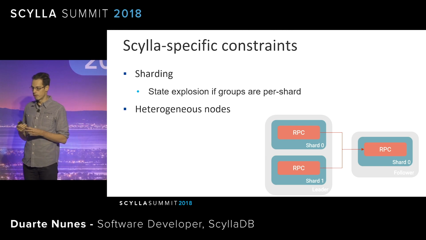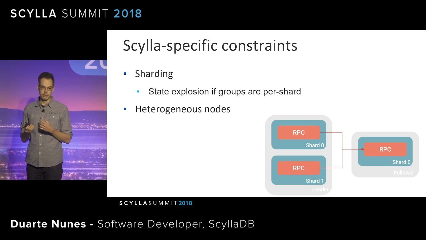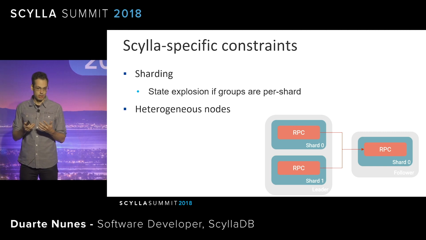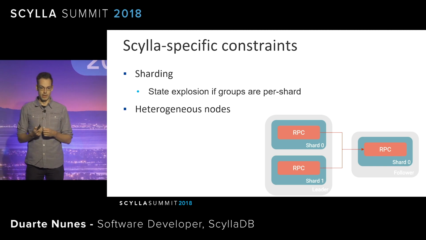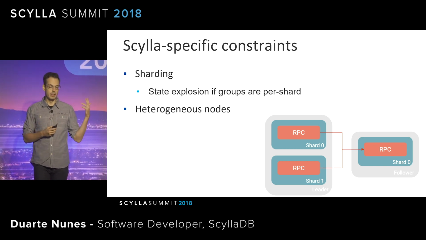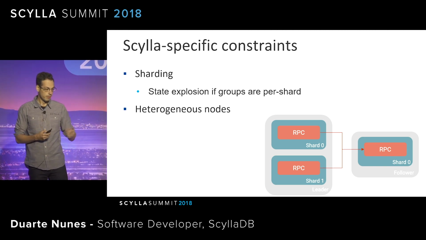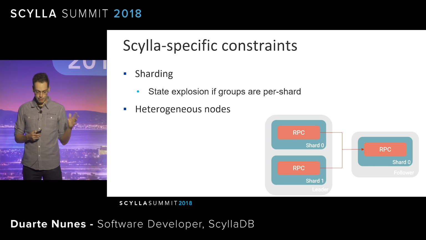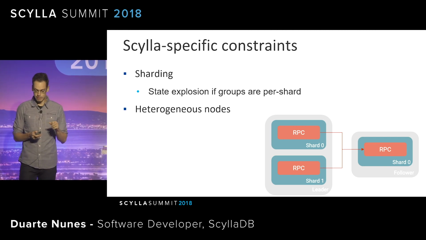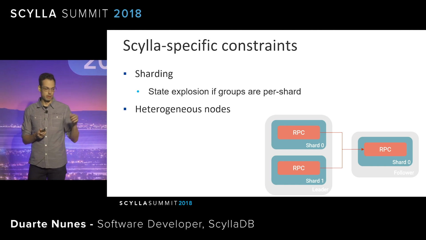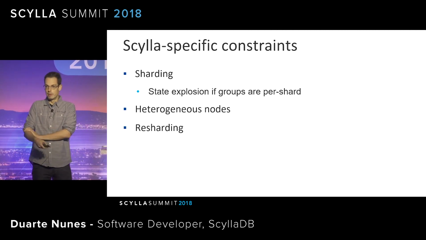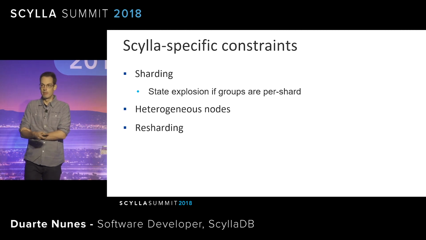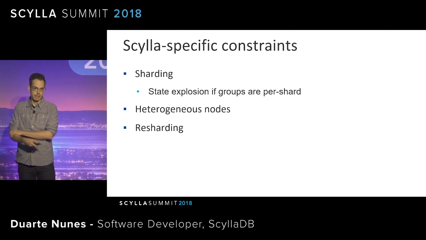And this has a lot of consequences in the way we organize internally the algorithm, because if that follower shard ever wants to become leader, it has to make sense and order the messages that it had been receiving from those other two shards. So this will make Scylla Raft a bit different from plain Raft as implemented in other projects. Another issue is resharding, where we can reboot the node with a different shard count, so we have to readjust the internal data structures as well.